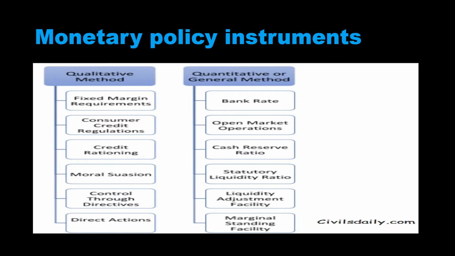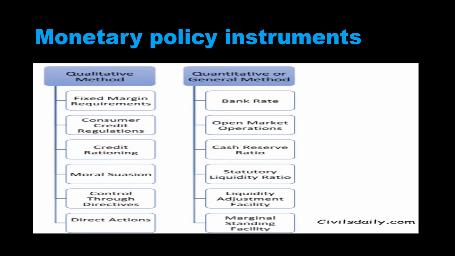Now the very important thing in this monetary policy is we need to understand what kind of instruments they use. Just now I told you monetary policy, their main objective is controlling the money supply in the economy. And also I told you how they will control the money supply by changing the interest rates. Correct.